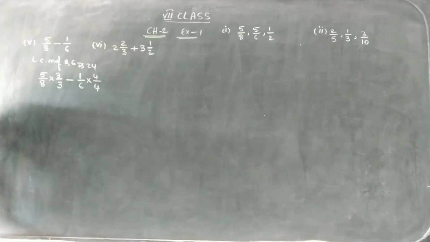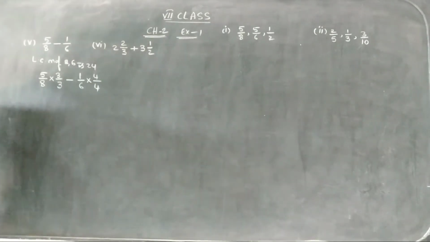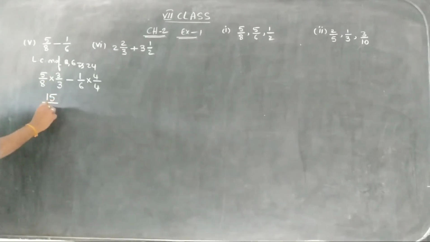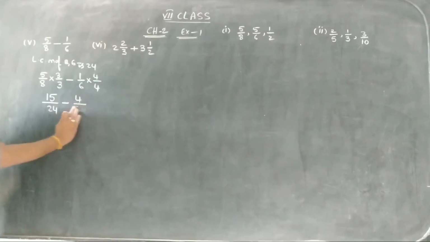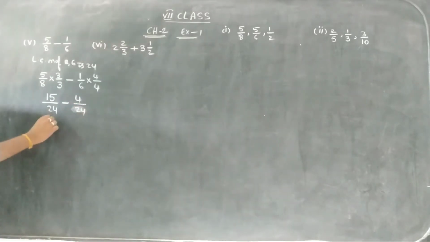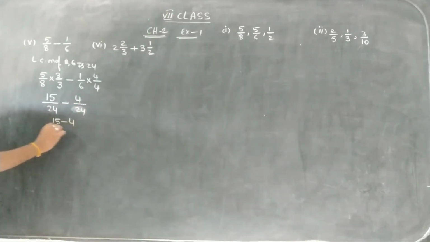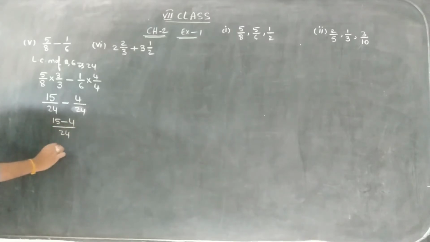Make them equal denominators. Now 5 3s are 15. 8 3s are 24. 4 1s are 4. 6 4s are 24. Now 15 minus 4 by 24. That is written as 11 by 24.